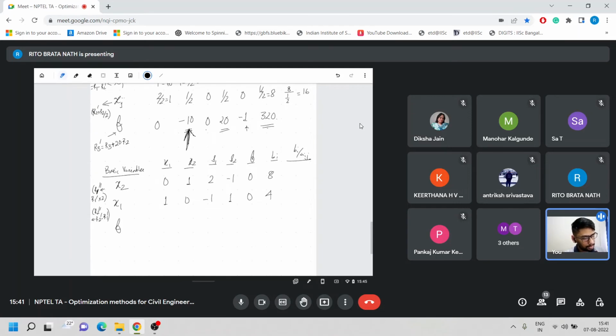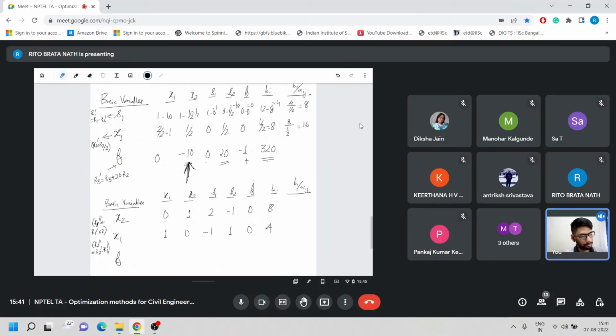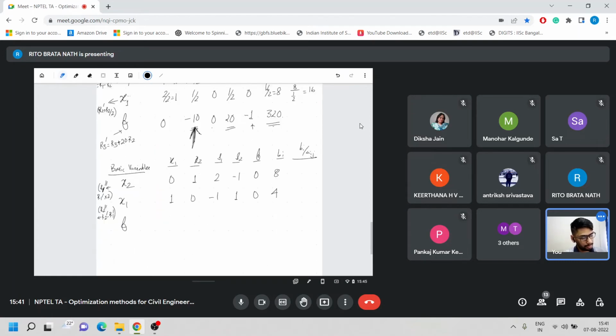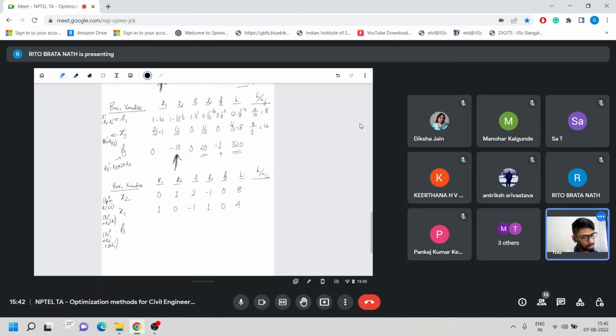And for this one, you have to make this portion 0. So you can multiply this first row by 20 and add it up. So let's do that. Yeah, something like this.